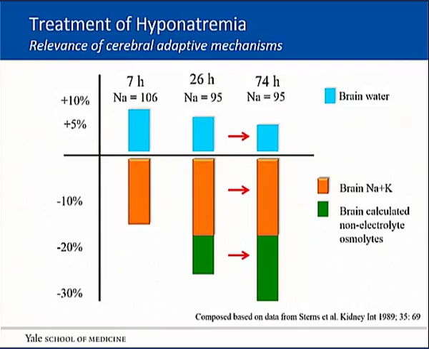And this is what helps define what acute and chronic adaptations to hyponatremia are. Electrolytes go in and out pretty quickly, but non-electrolytes go out slowly and go back in even more slowly. So this is why we have to be careful when we correct hyponatremia, that we don't do it too fast.